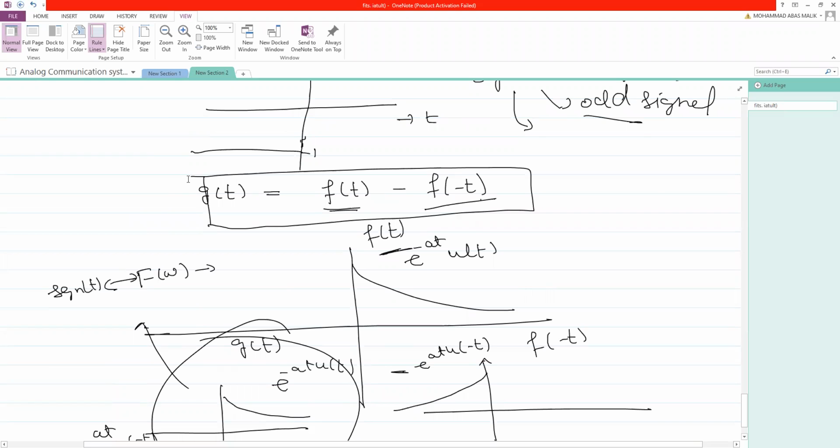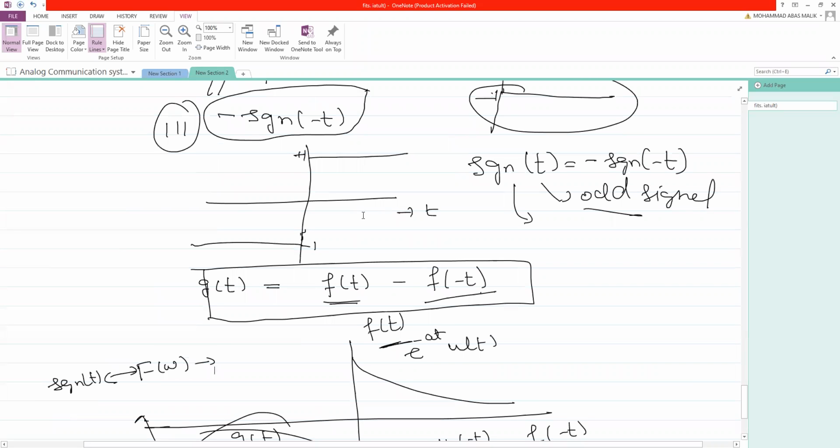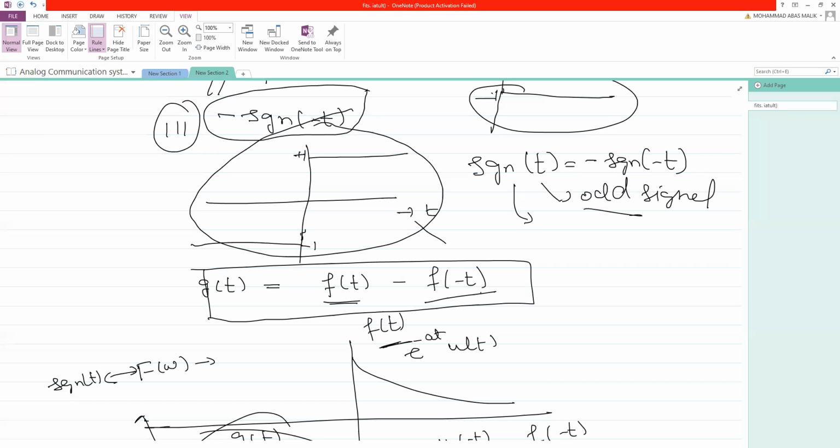So you have to find indirect means, concluding from other signals the Fourier transform of signum of t. That is why this is called a limitedly defined Fourier transform, which we will study in tomorrow's lecture.